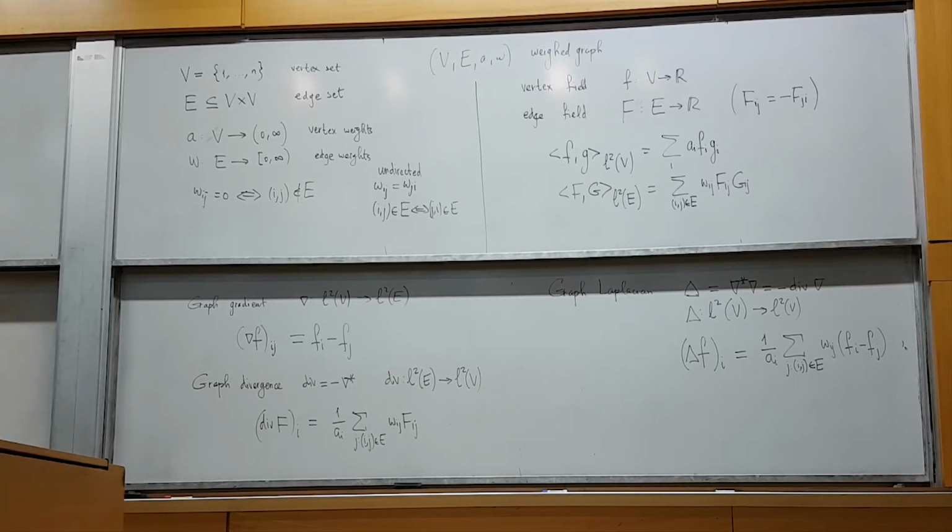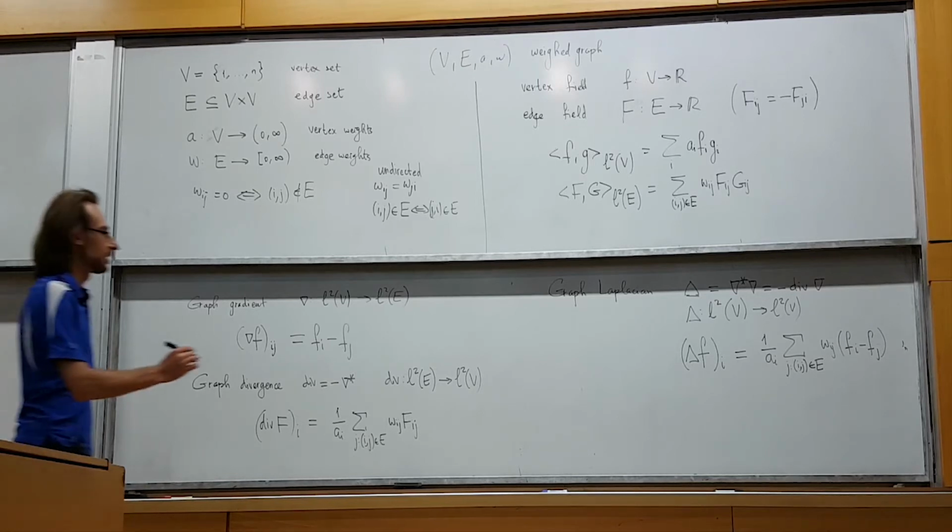Okay, so now, it is convenient to think of vertex fields as n-dimensional vectors, right? Now, the Laplacian will be just a linear operator acting from R^n to R^n.